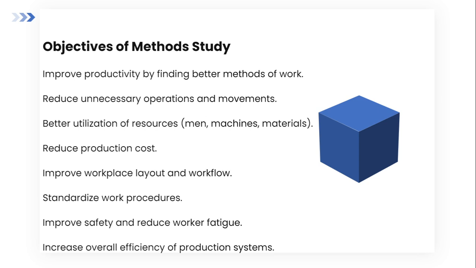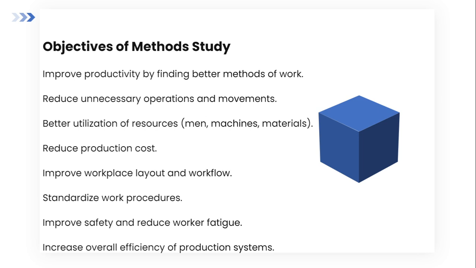Let's move on to the main part, that's the objective of the method study. So basically it's to improve productivity by finding a better method of work. Second, reduce unnecessary operations and movements. Better utilization of resources, where the resource can be human resource, machineries, or raw materials.